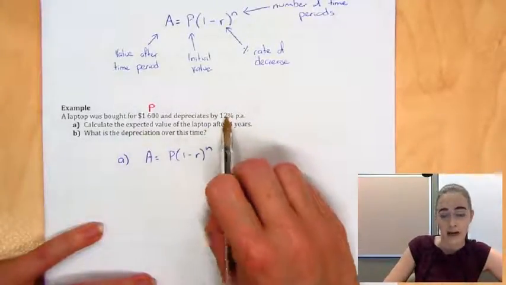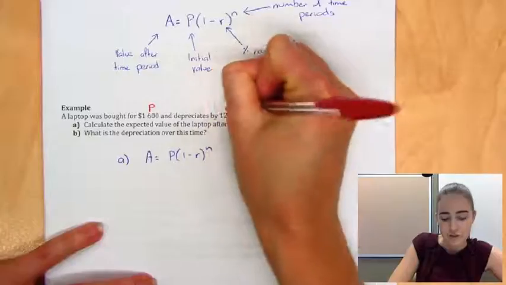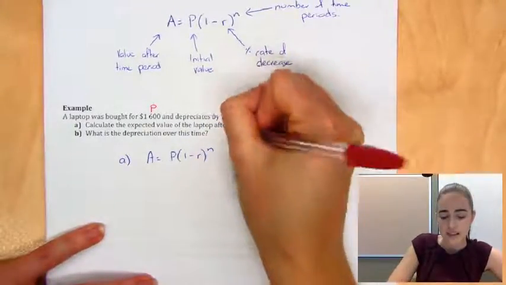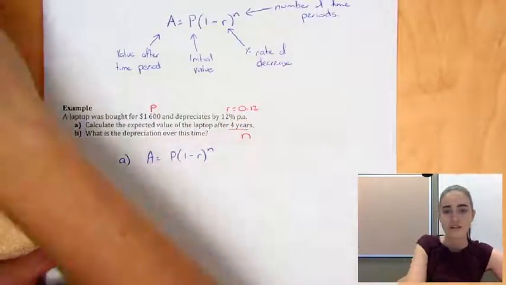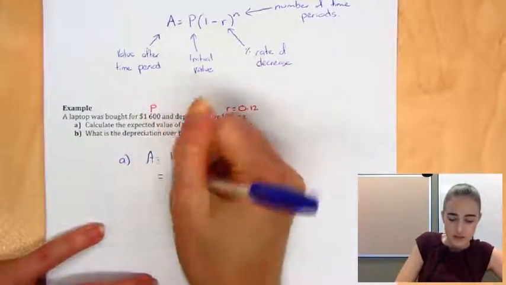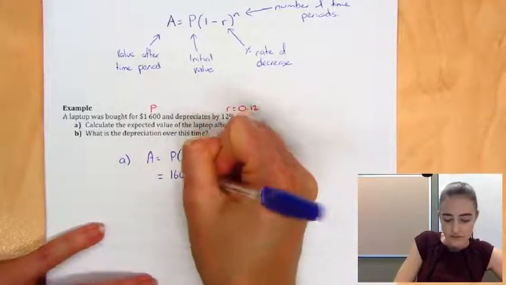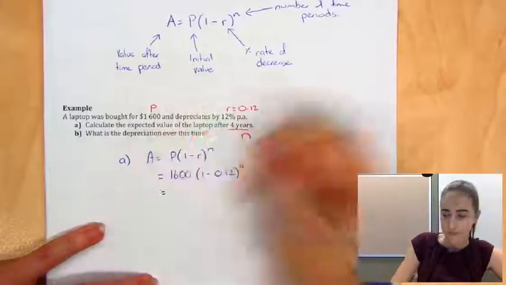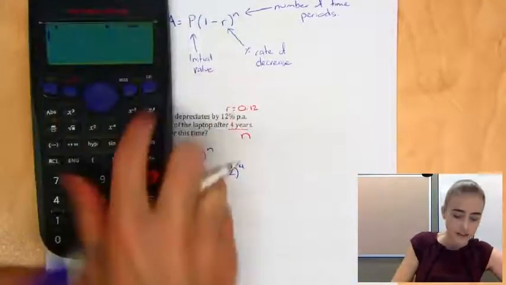depreciating by 12% per annum. So that's a rate of 0.12. And it's happening after 4 years. So that's our N. We're going to substitute those things in. So 1,600 outside of 1 minus 0.12 to the power of 4. Put those in our calculator.